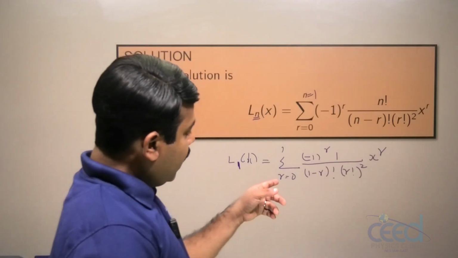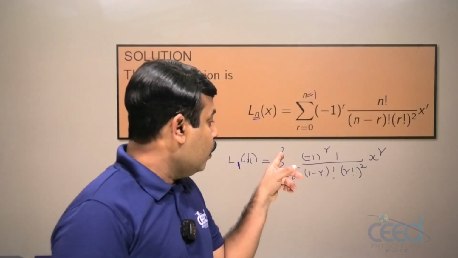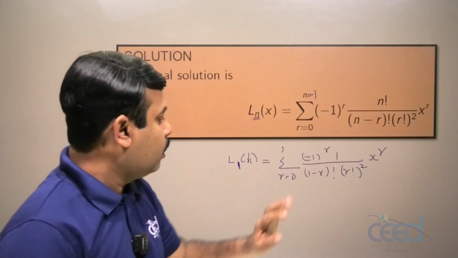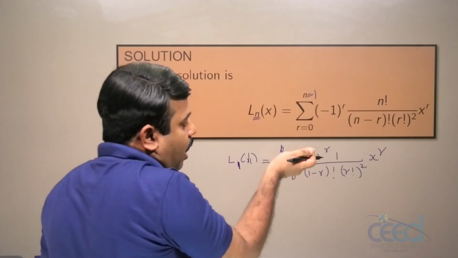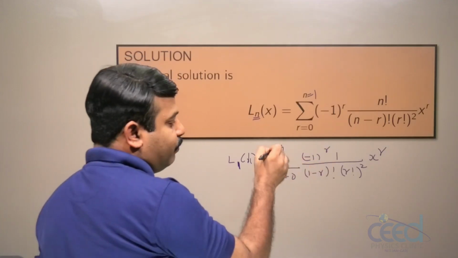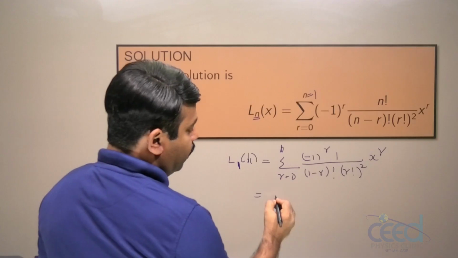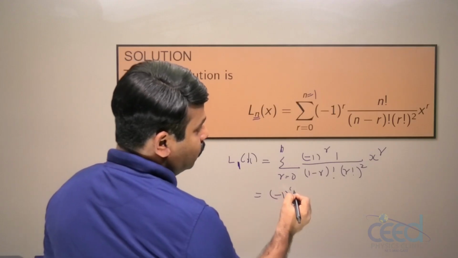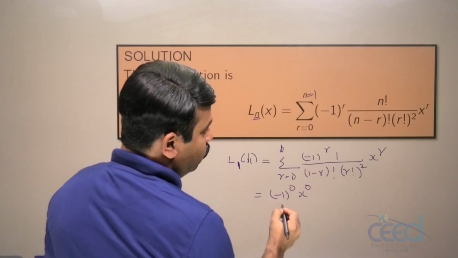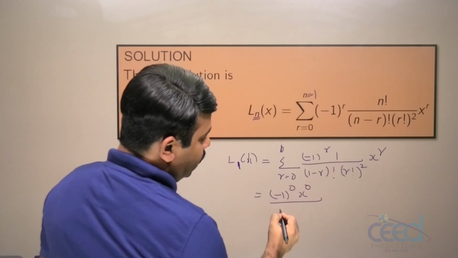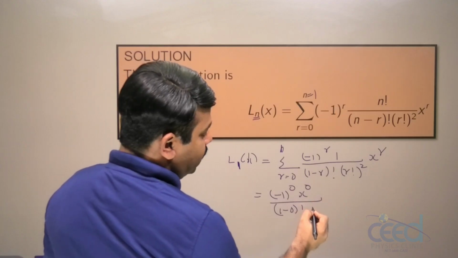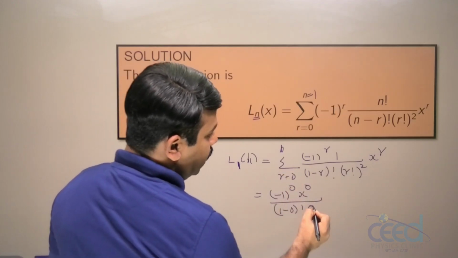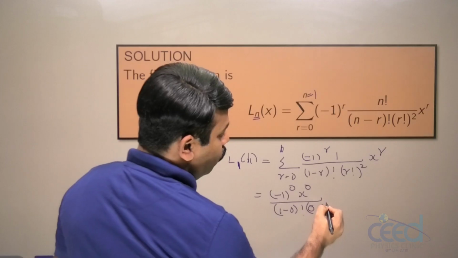Now r equals 0 to 1 means first you take r equal to 0, then we take 1. Then minus 1 raised to 0, x raised to 0, divided by (1 minus 0) whole factorial and 0 factorial whole square.